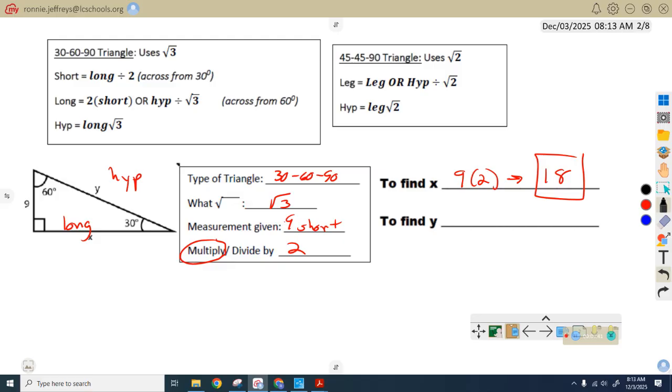How do we find the measurement for our hypotenuse? Yes, multiply the long side by the square root of 3. So if this is the long side, because that's x, we just write 18 root 3. That's how simplistic this works.